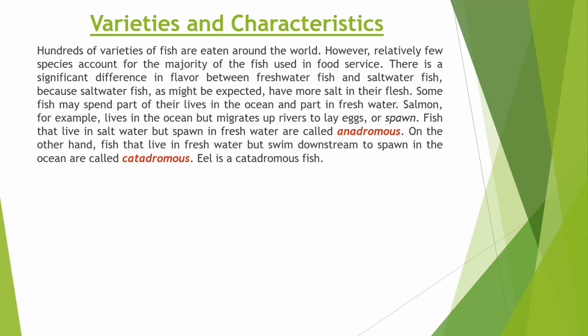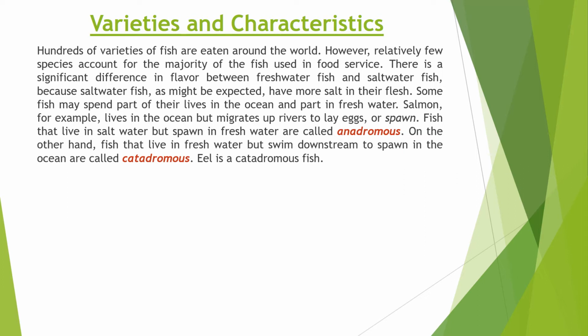If you go to the river and catch some sardines, and then you go to the sea and catch some sardines, even though both of them are sardines, the flavor is going to be very different. Or if you get a tilapia from the sea and a tilapia from the river, the flavor is going to be totally different.